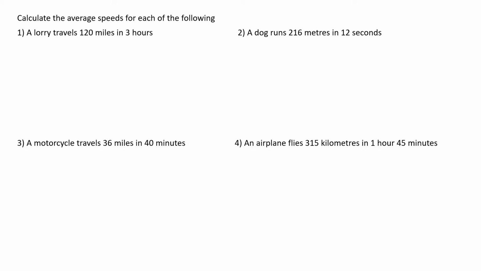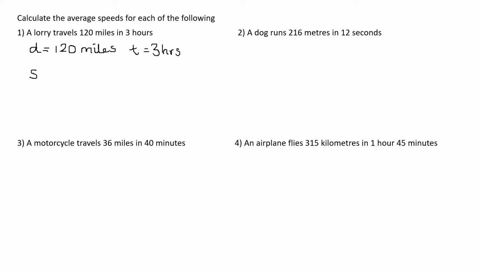So if we have a look at our first question, a lorry travels 120 miles in 3 hours. We know from the question our distance is 120 miles and our time is 3 hours.